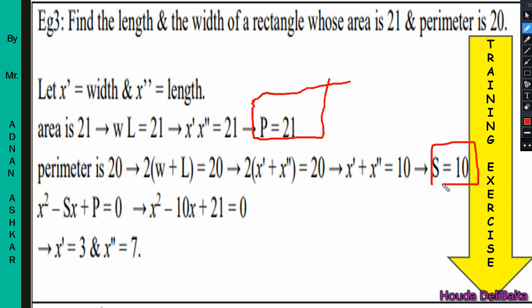So I've got the product and the sum. Thus, applying the formula x squared minus sx plus p equals 0, I'm going to get x squared minus 10x plus 21 equals 0. Using delta and calculating the roots, I'm going to get 3 and 7, and of course those are logical numbers because the length and the width must be positive values.